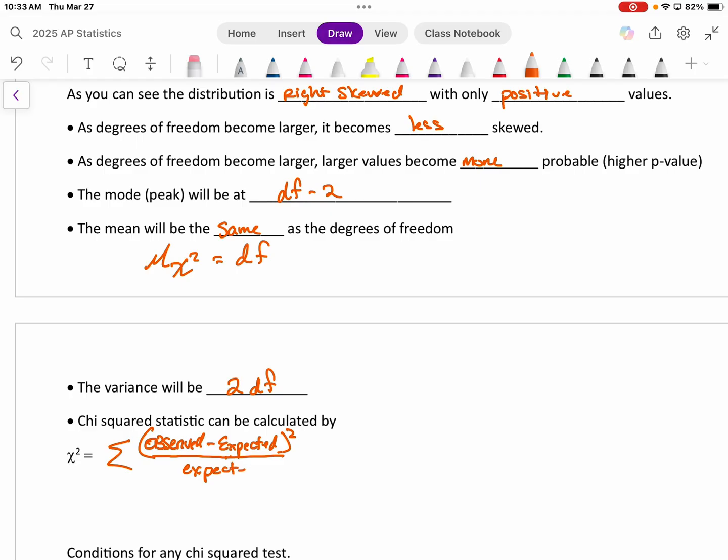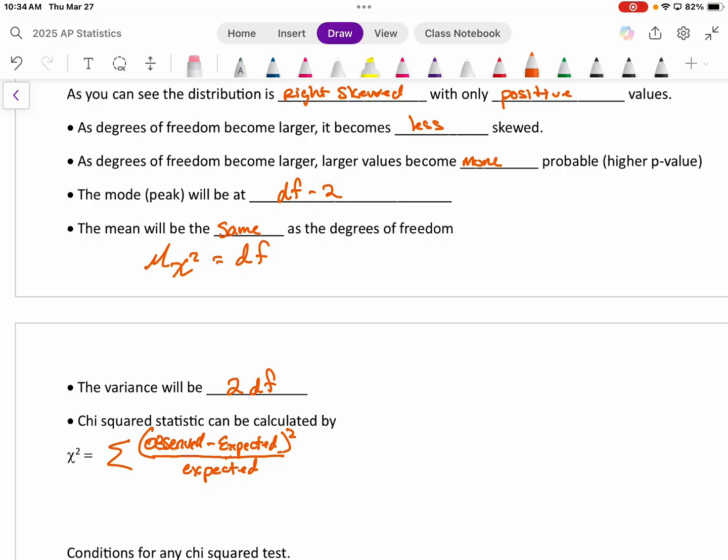Again, we're going to get practice doing this in a moment. So it is more or less adding up a bunch of fractions together, and that becomes your chi-square statistic. It's how you come about getting it.